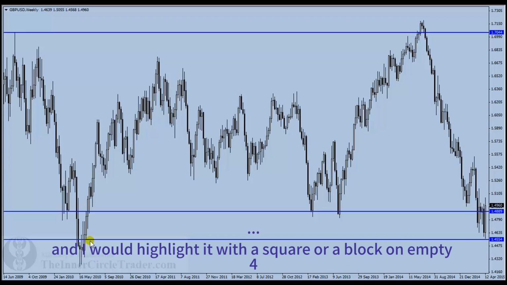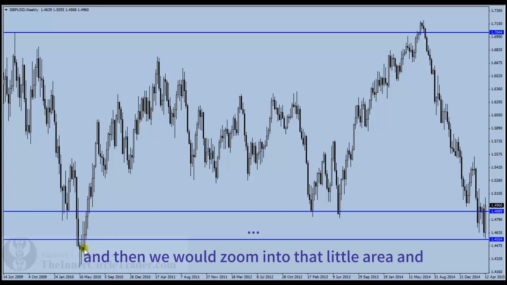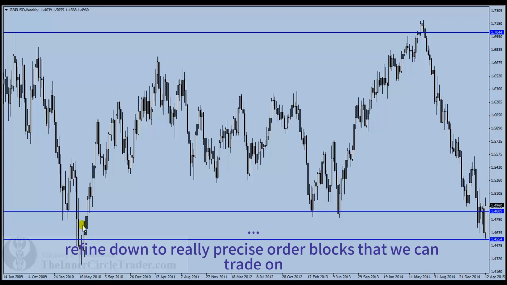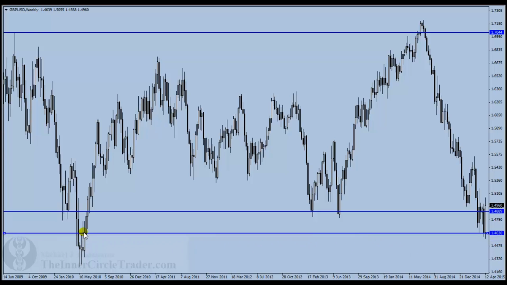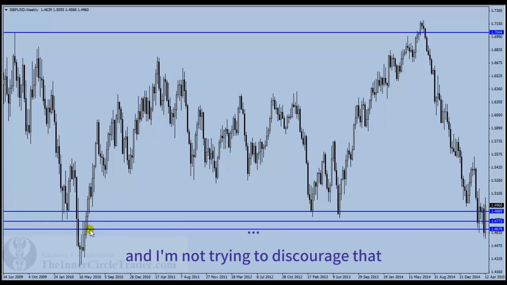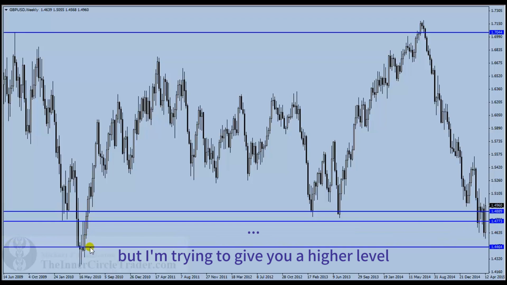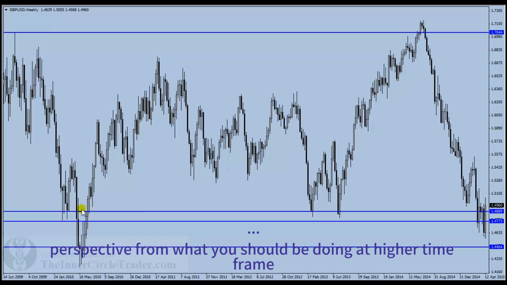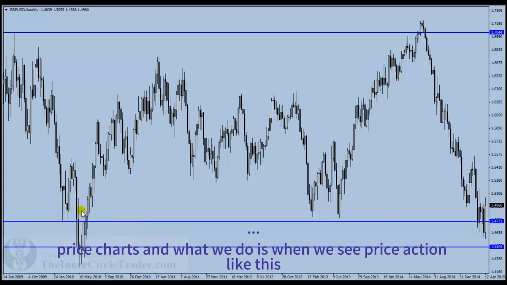And what we do is, when we see price action like this, we have the down candle. Now, yes, there's a large wick in here, but we have to identify the top of that candle as the beginning, and down to the body of the candle. Okay, and let's take this off for a moment. We don't need that. It's going to be confusing.